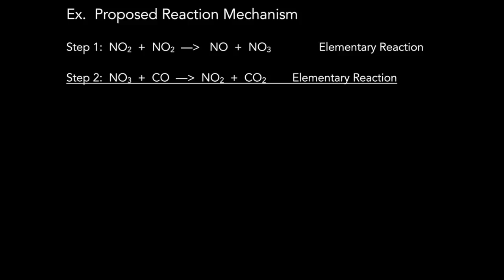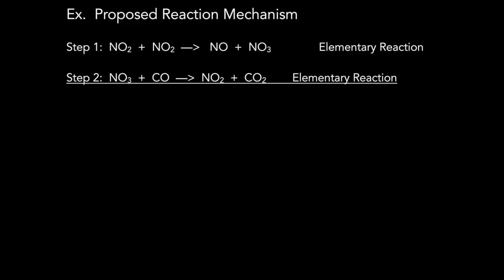Notice I have 2 NO2s on my reactant side from step 1 and 1 NO2 on my product side. And so if I cancel things out, that ends up giving me just 1 NO2, 1 nitrogen dioxide on my reactant side. Notice that my nitrogen trioxide, my NO3s, I've got 1 on the reactant side, 1 on the product side from step 1.